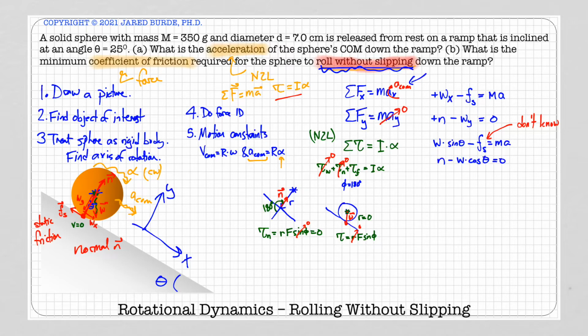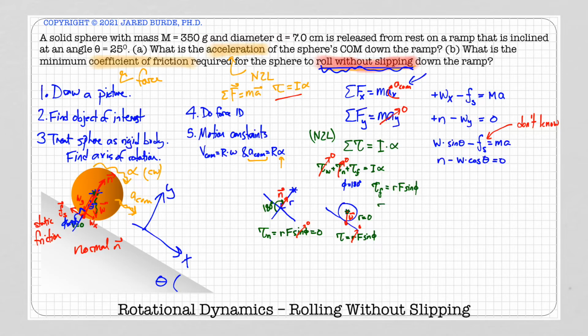The last torque that we should consider here is the force of static friction. The force of static friction is already perpendicular to the radial line. So our phi value in this case is 90 degrees. We're going to have r. We're going to have our torque from friction is going to be r times F times sine of phi.